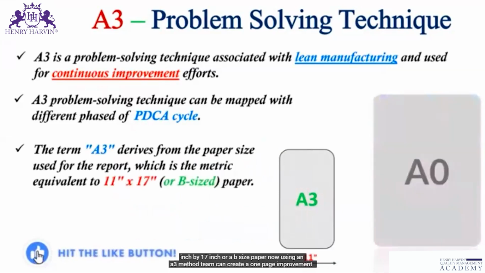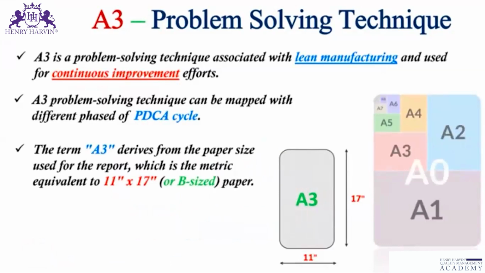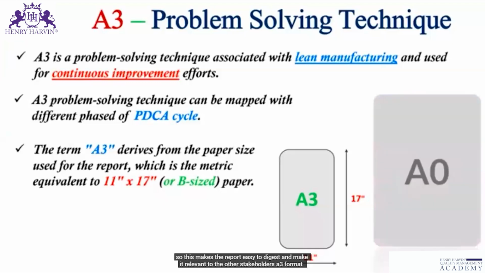Now using an A3 method, a team can create a one-page improvement project report on A3. By limiting the report to one page, the team is more focused to be concise and be thoughtful about including only relevant information on the report. So this makes the report easy to digest and makes it relevant to the other stakeholders.